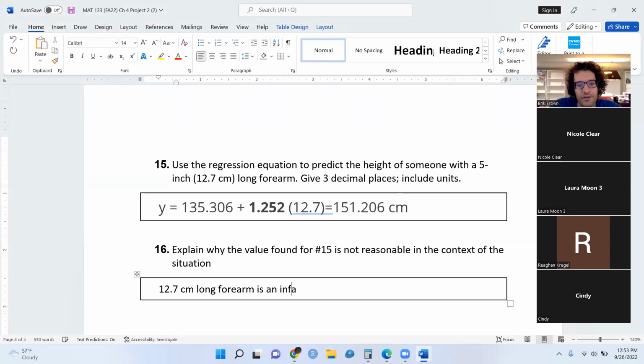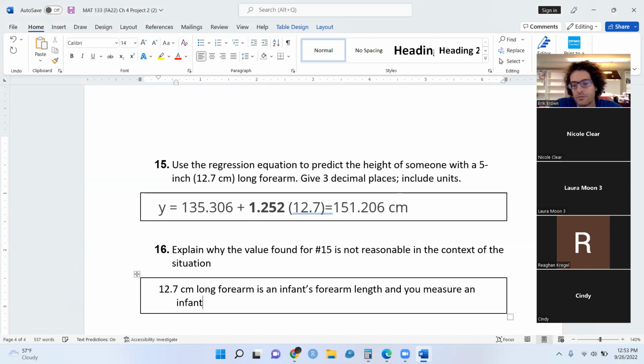Is an infant's forearm length, and you don't measure how tall infants are. You measure an infant's length, not height. Right? Y'all know that?